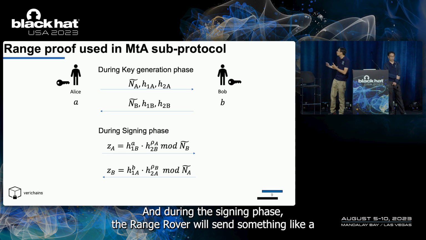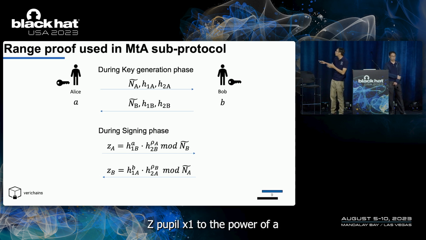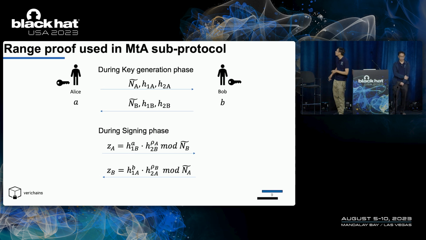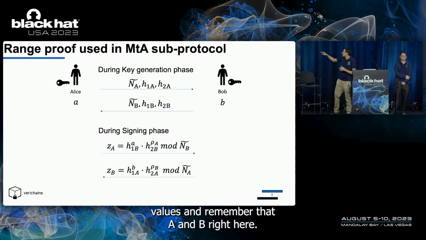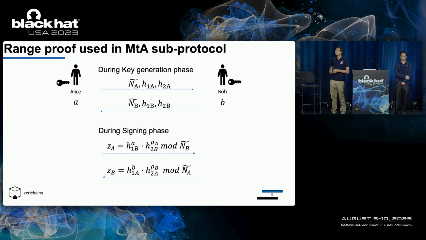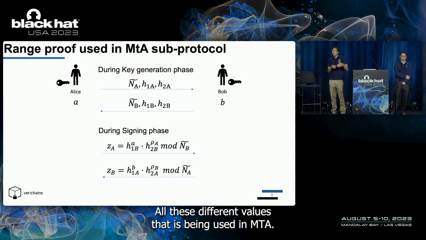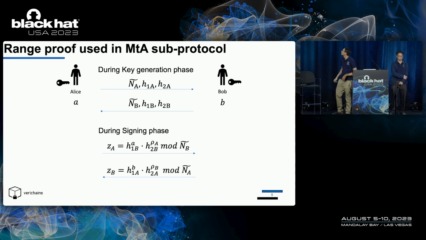During the signing phase, the range proof will send something like Z equals H1 to the power of A multiplied by H2 to some random value, and both will get those values. Remember that A and B here are the secret values being used in MtA.